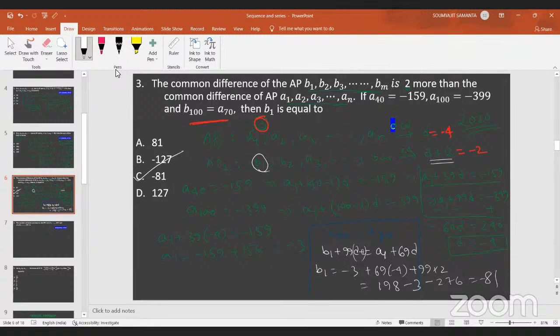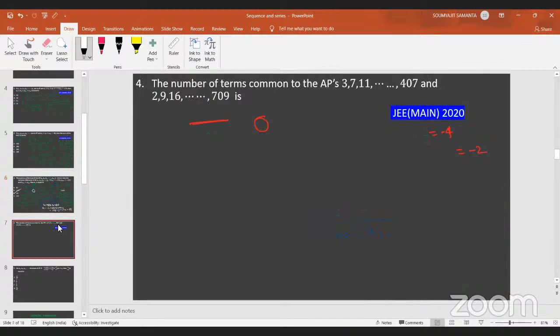See, this question was asked in 2019, in a JEE Main paper. Now to find the solution to this kind of problem, they have asked you to find the number of common terms in the given APs.